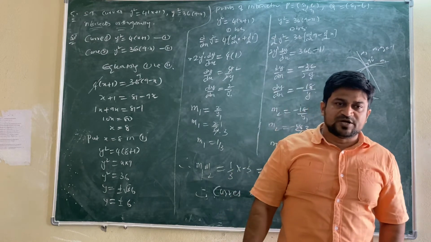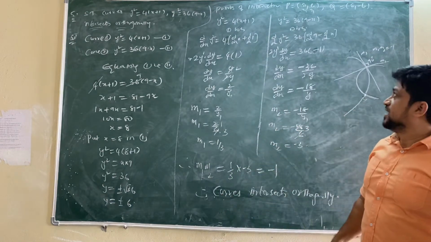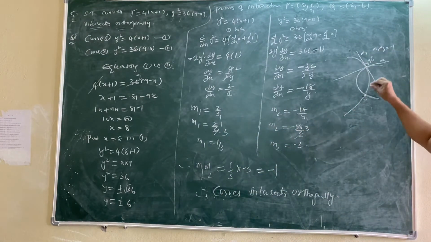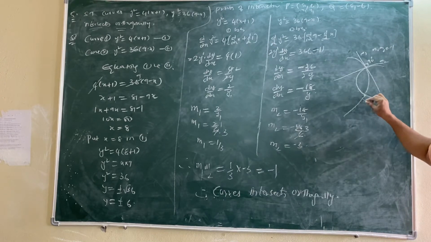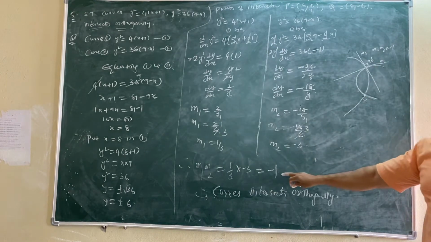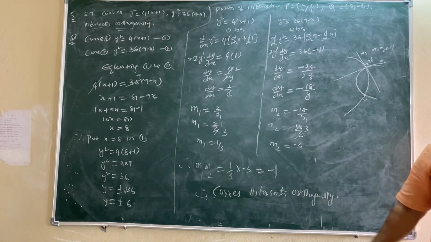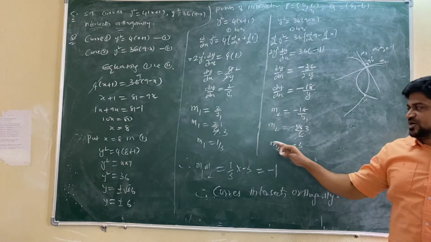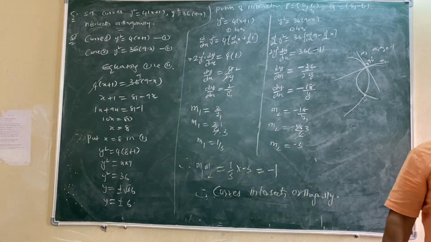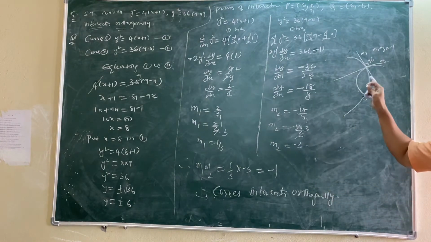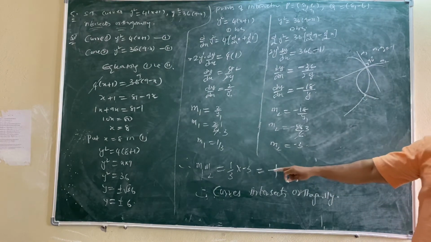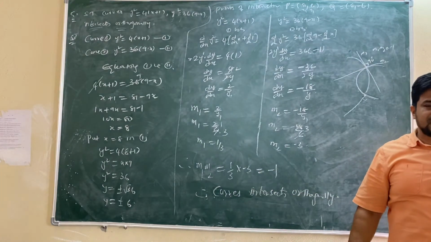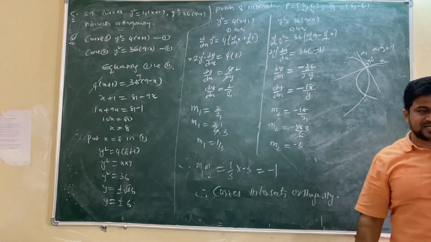How many points did we get in total? 2 points, P and Q. If you take Q, you can find the same thing, you get an angle of 90 degrees only. Perpendicular, minus 1 means the angle made by the tangents is 90 degrees. If m1 into m2 is minus 1, they are perpendicular, they are making 90 degrees. I am not showing that 90 degrees, I am just showing that the product of the slopes is minus 1. That means the angle made by the tangents is 90.